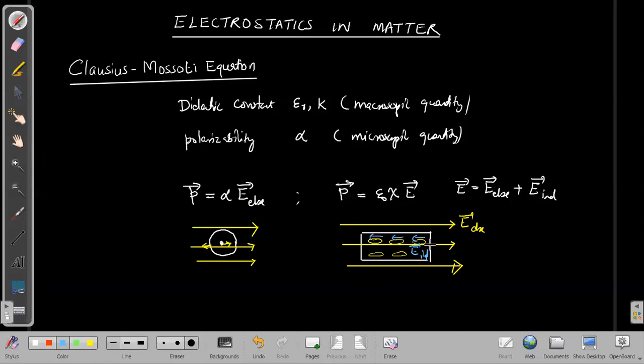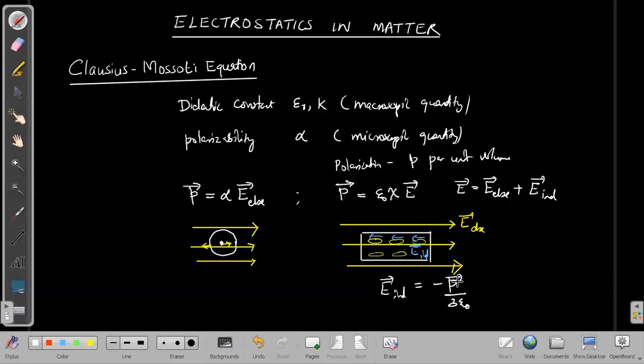So the dipole moment per unit volume, the polarization. Remember, the polarization is nothing but dipole moment per unit volume, and this I can write as epsilon 0 chi times E. Now, in one of the problems we have shown that this induced electric field inside the material can be written as minus P by 3 epsilon 0.